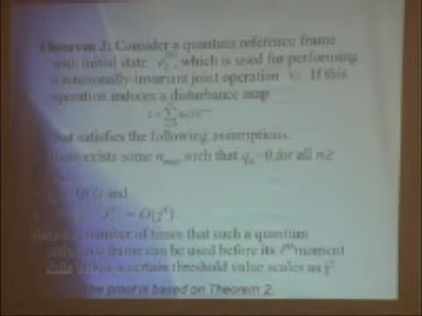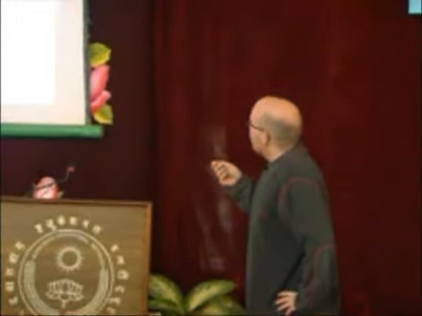The main point now is that we are considering different quantum reference frames, so we're increasing the dimension of the reference frame. Then we apply a map chi that depends on the dimension of my quantum reference frame, and I try to perform some task with it, which can be defined quite arbitrarily.